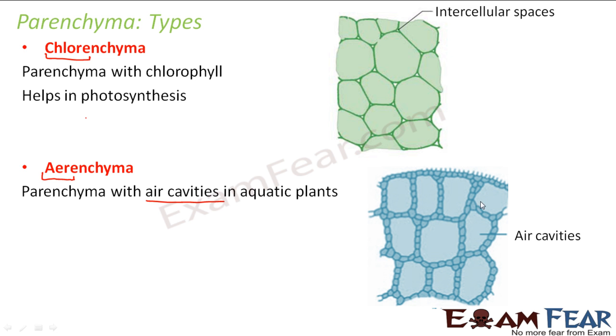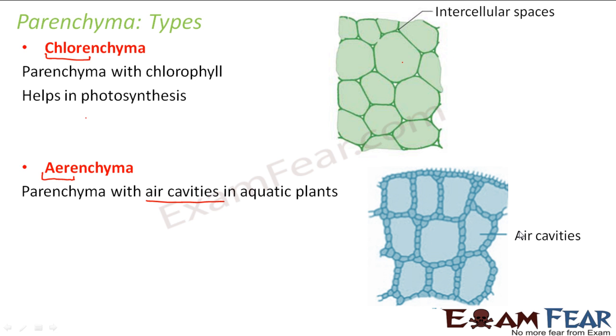So here, if you look at the picture where it shows Parenchyma, these big open spaces are not the cells. Here these were the cells and these small spaces were the intercellular spaces. But here the small bubble-like structures which you see are the cells, and the big space is the air cavity.